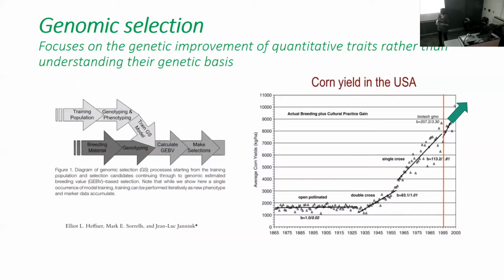And that's used to train your breeding material, which has only got genotyping data. So you don't phenotype it. That saves you a huge amount of money. You just genotype it. You calculate what are called GEBVs, or genomic estimated breeding values, and make selections based on those values. And it's really what is going to take corn yields through to the next generation and keep improving yields.